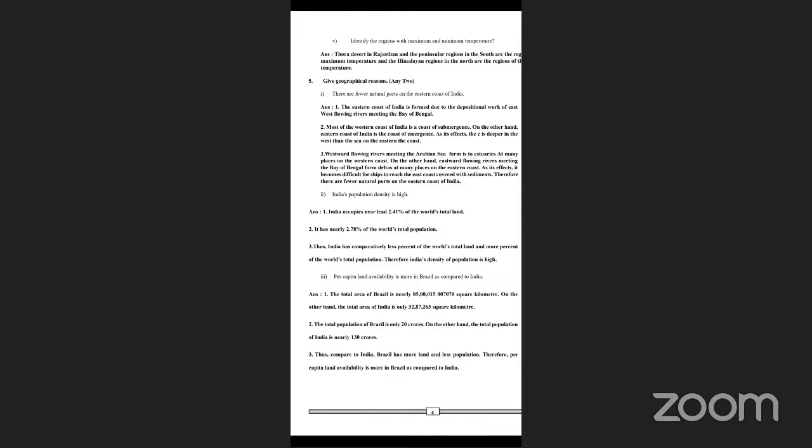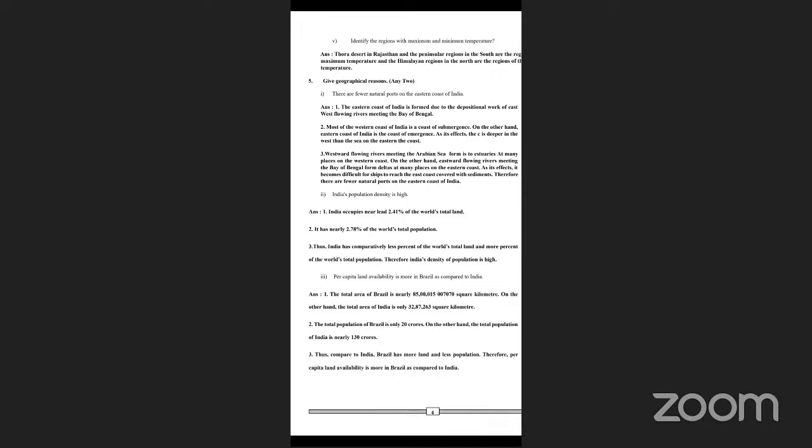And out of the total population of the world, it includes around 17.5%. Thus, India has comparatively less percent of the world's total land and more percent of the world's total population. So, because of that, its density is around 382 persons per square kilometer.